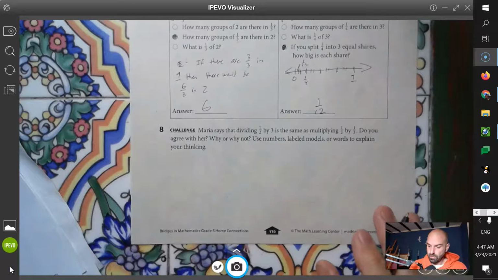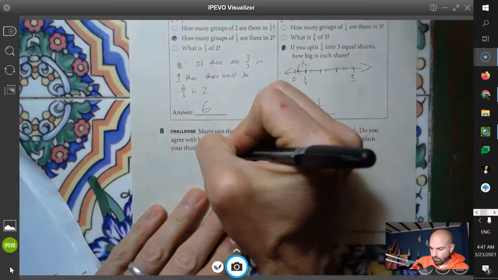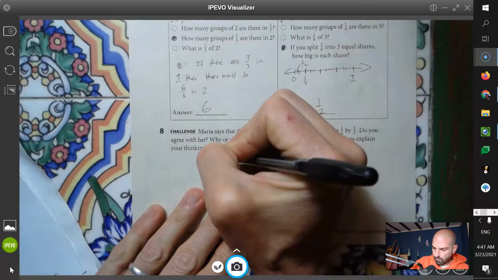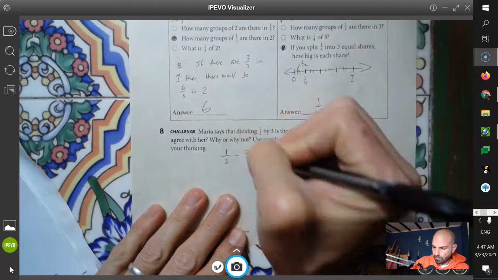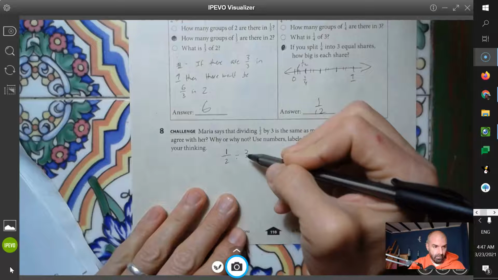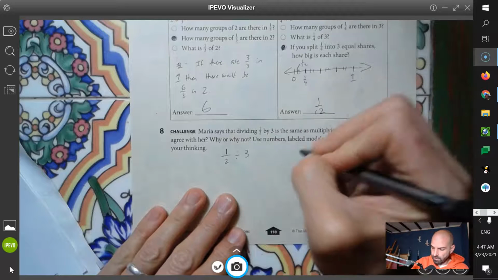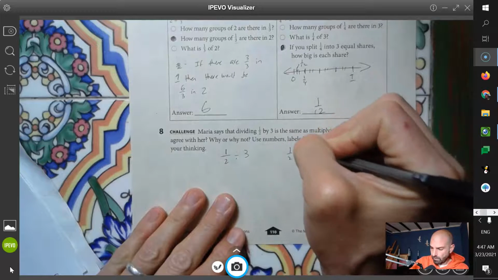All right, the challenge. Maria says that dividing 1/2 by 3 is the same as multiplying 1/2 by 1/3. Do you agree with her? Why or why not? All right, so let's see. I'm dividing 1/2. So I'm taking 1/2, and I'm trying to find 1/3 of that 1/2, and she says it's the same as 1/2 times 1/3.